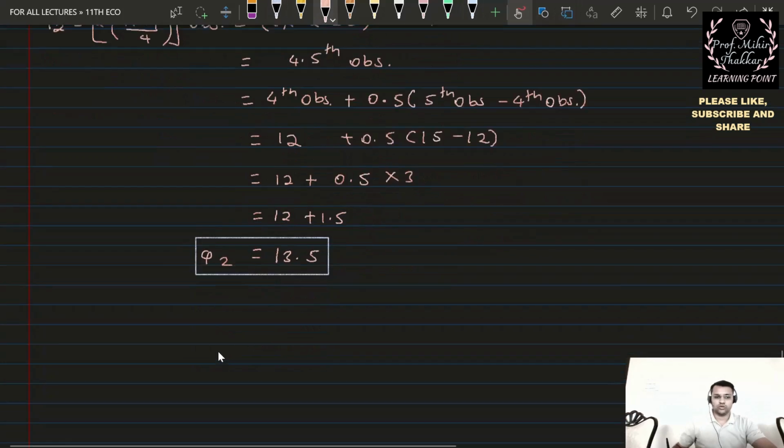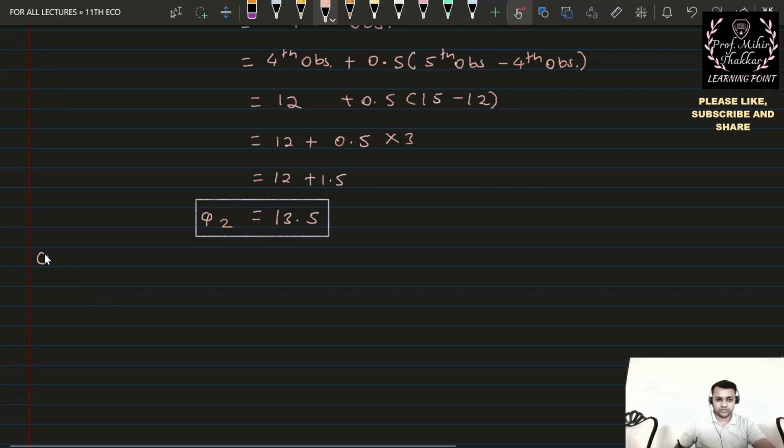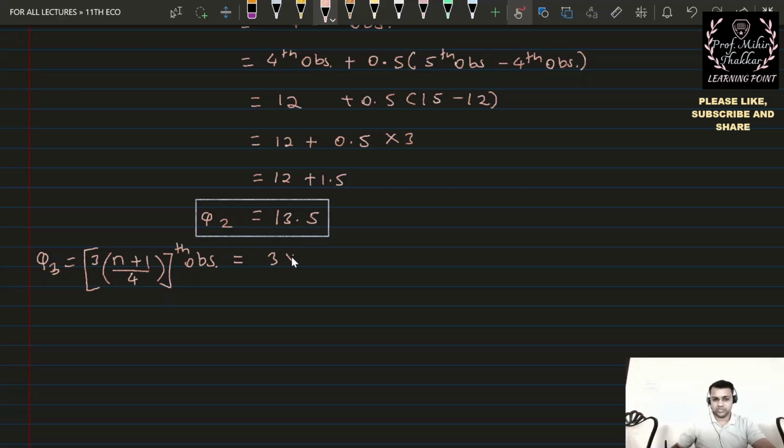After getting Q2, we also have to find the third quartile, Q3, which is going to be 3 into (n plus 1) upon 4 observation. So this is going to be equal to 3 into 2.25th observation, which is the 6.75th observation.